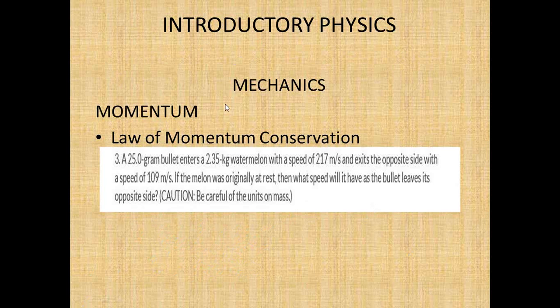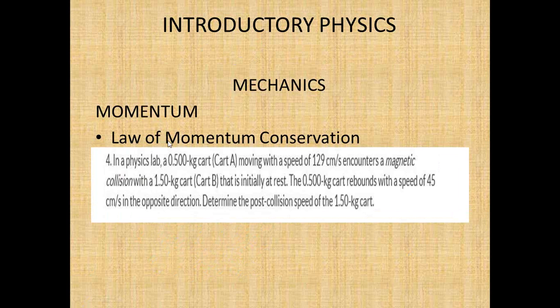Let's look at another problem. All right, so question number 4. In a physics lab, a 0.5 kilogram cart moving with a speed of 125 centimeters per second encounters a magnetic collision with a 1.5 kilogram cart that is initially at rest.